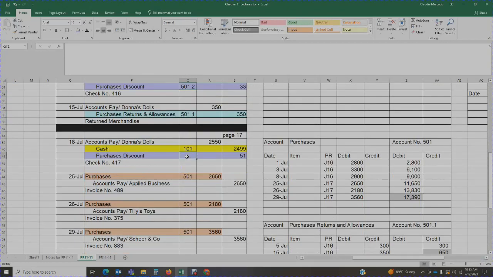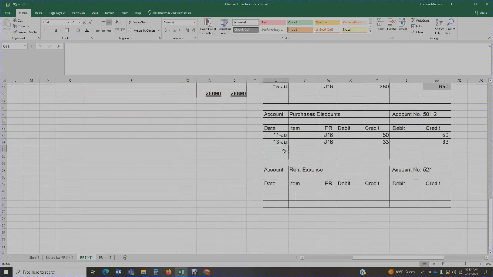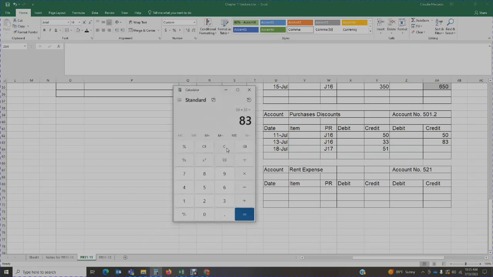Then last but not least, we've got July the 18th, Journal 17, and we've got a credit of $51. So we add my balance of 83 plus 51.